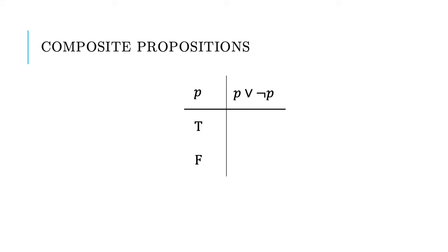However, contingent propositions are not the only sort of proposition. Here we see the proposition P or not P, which when we plug in the values for P and the truth values for not P, and recall that OR is only false when both disjuncts are false, we notice that this proposition is never false and always true.